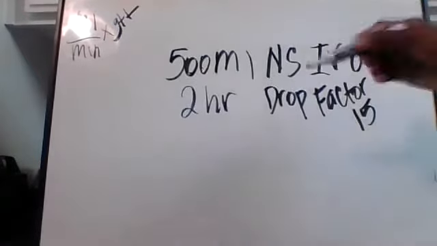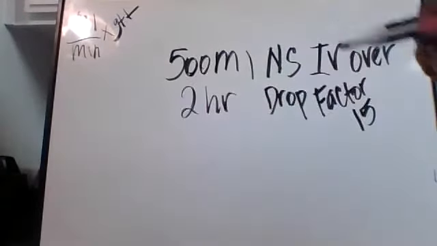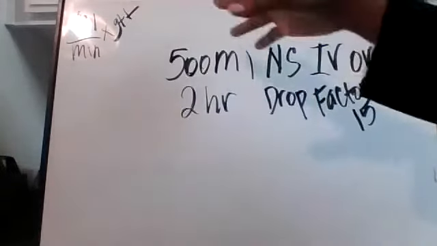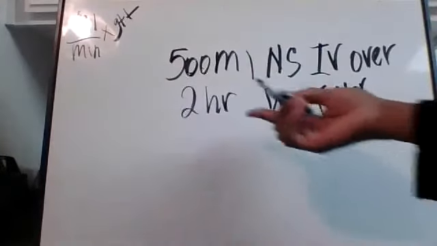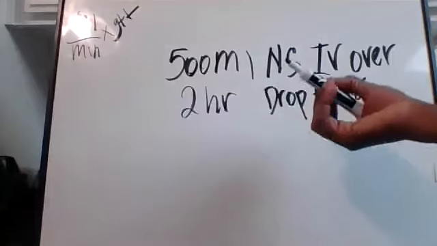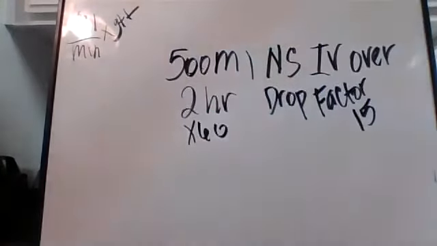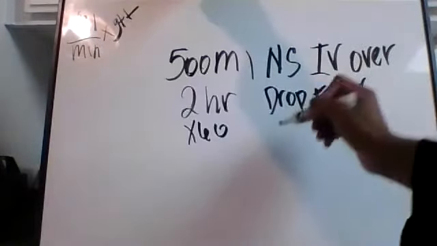All right, so we take this one, we have to convert, right? Because the formula is milliliters divided by minutes times the drop factor. All right, so we have the time here, but we need to convert it to minutes. So we take this times 60. So we know that that is 120, all right?